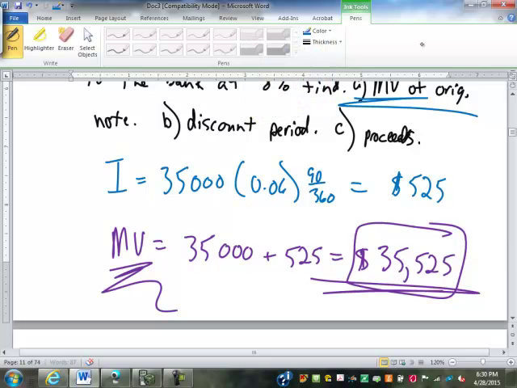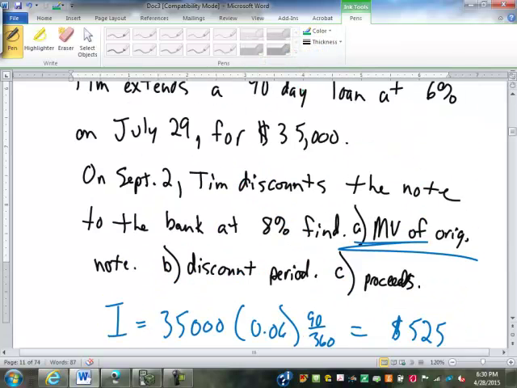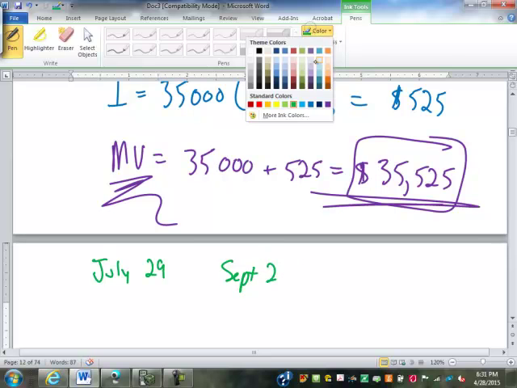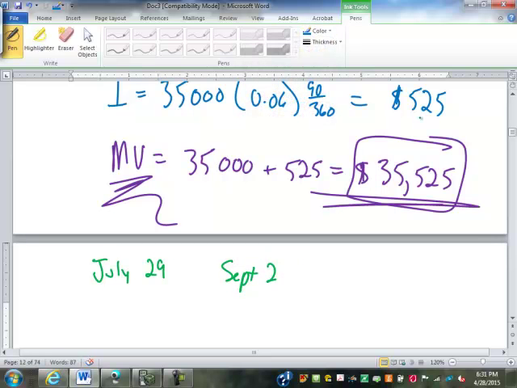Part B, step 2, discount period. We have a couple of dates there, July 29th and September 2nd. Looking at the chart, July 29th is 210. September 2nd is 245. 35 days.